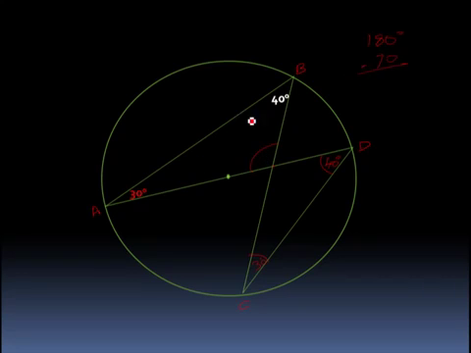We take the 70 that we have so far, subtract it from 180, and that gives us 110 degrees. So 110 plus 70 gives us 180. This angle is 110 degrees. Hence, what is this angle here? Well, if these two angles match these two angles respectively, then these two angles must match.